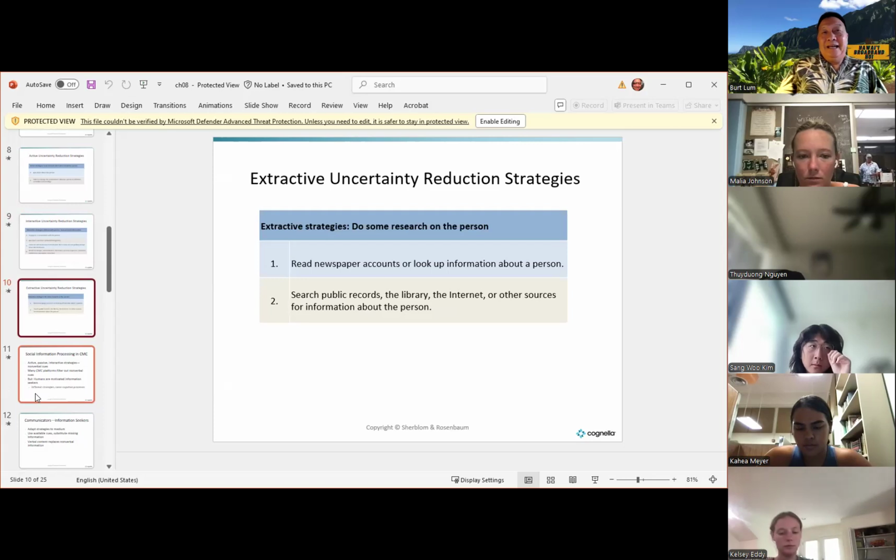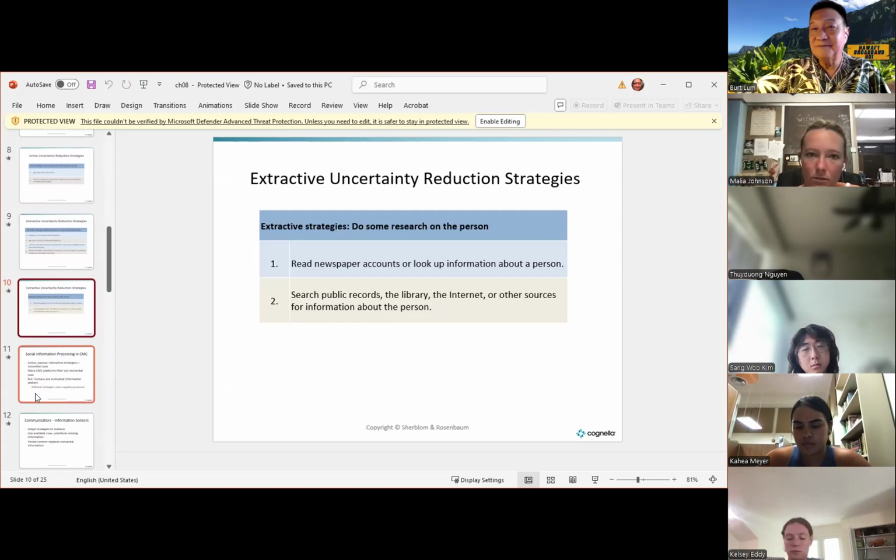Okay, extractive uncertainty reduction strategy. This extractive one is what we are now pretty much living in, being that it's all online.